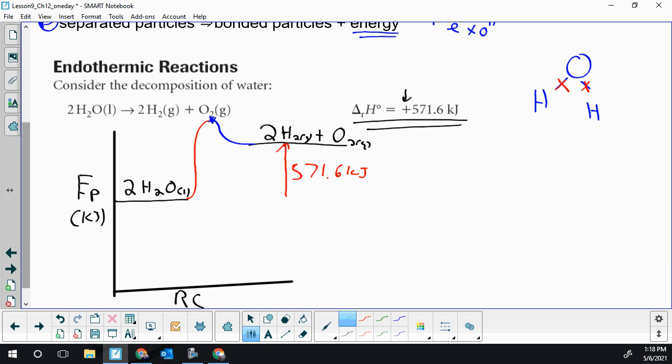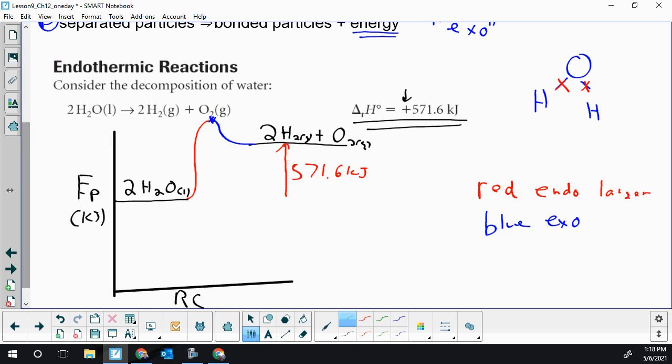One of them is going to be larger. In this particular example, the red, which is the endo piece, is larger than our blue, which is the down, the exo piece.